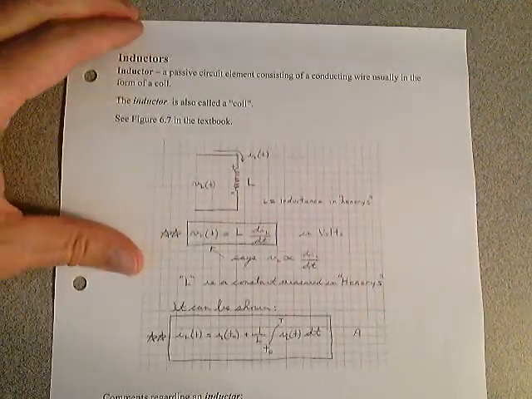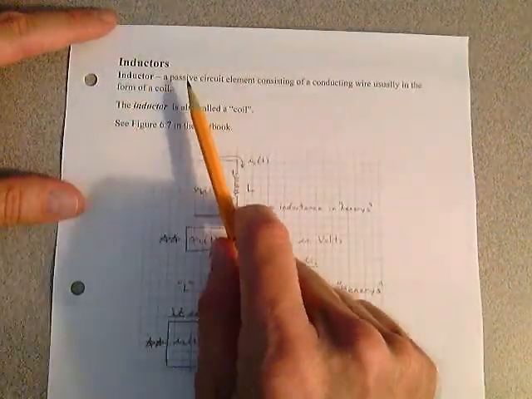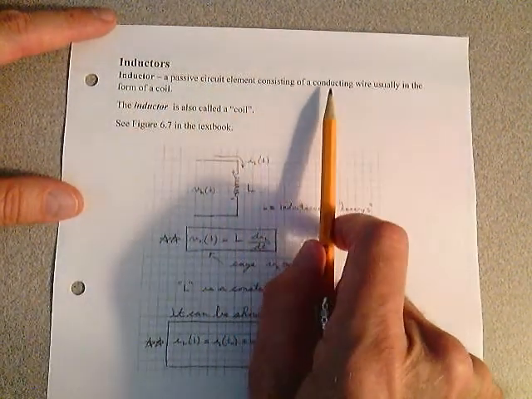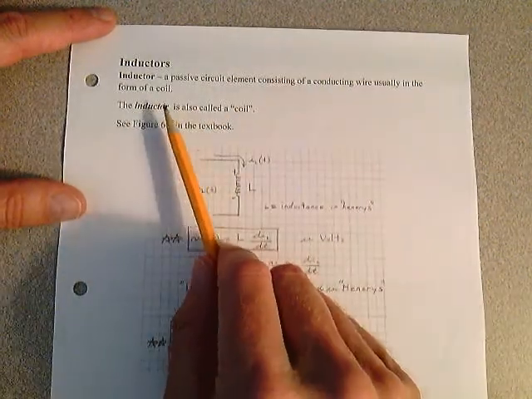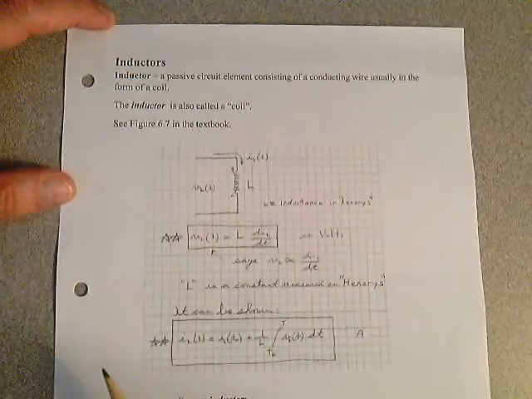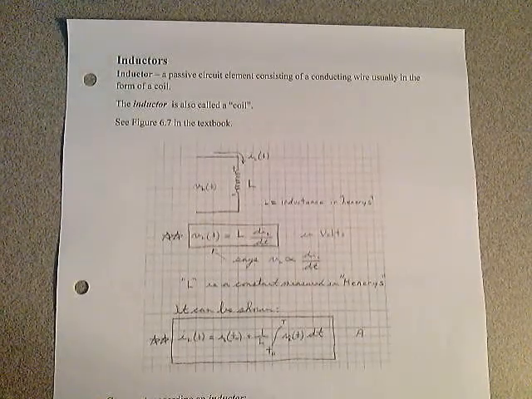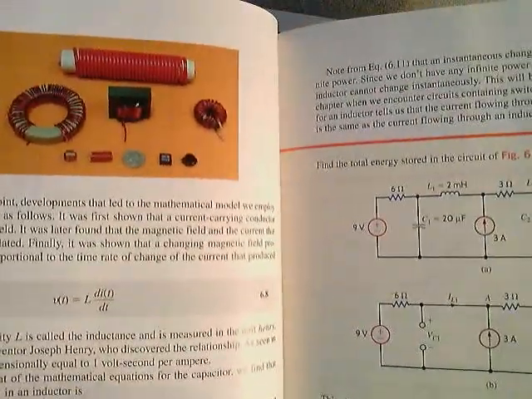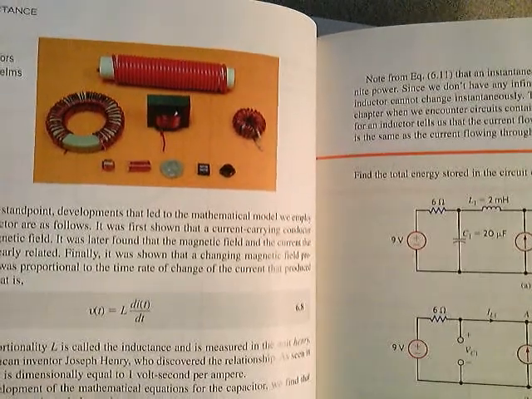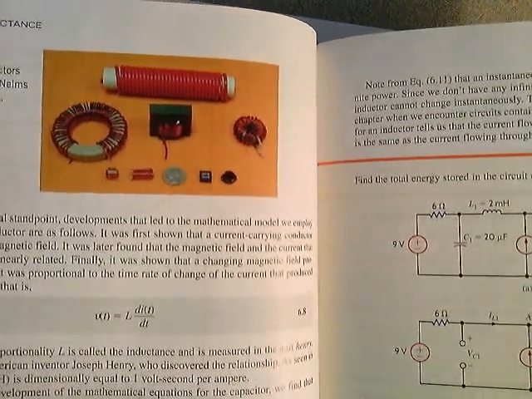Inductors. An inductor is also a passive circuit element consisting of conducting wire, usually in the form of a coil. So an inductor is sometimes referred to as a coil. If you take a look in the textbook, these are simple examples of coils. We've all seen coils before, but this is what they look like. Different pictures of coils there.